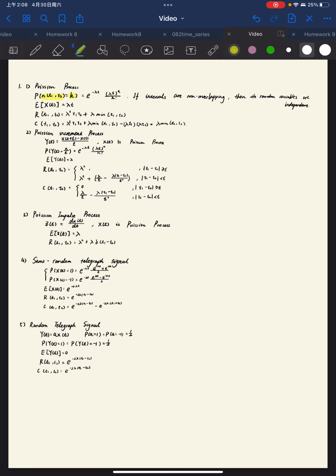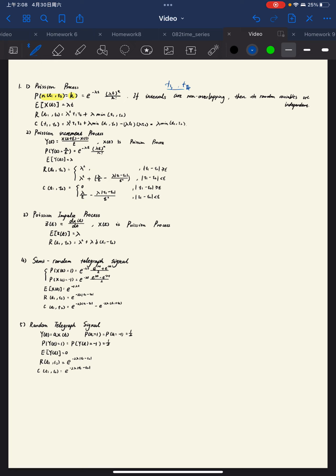For the interval from T1 to T2, and another interval from T3 to T4, if these intervals are not overlapping, then the random variables in the Poisson process are independent. So it follows the independent increment process.